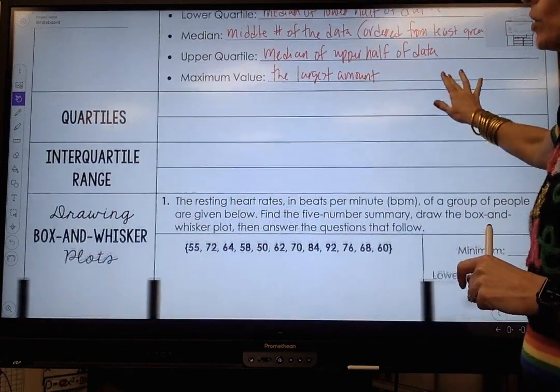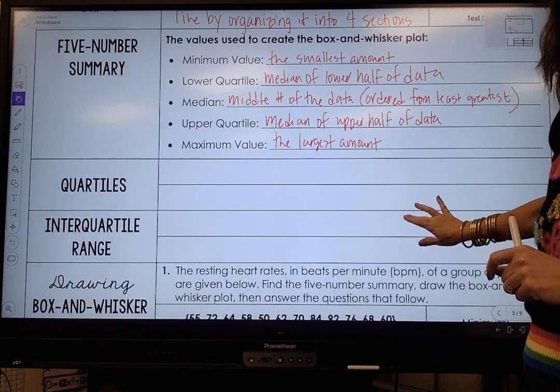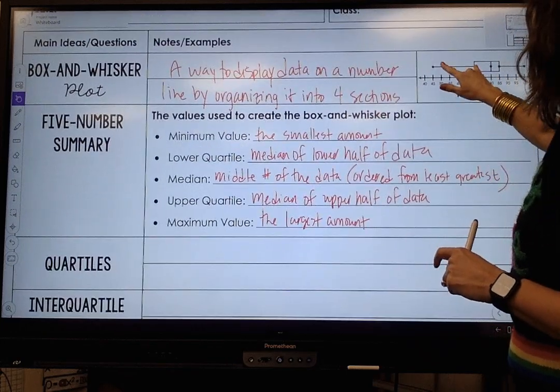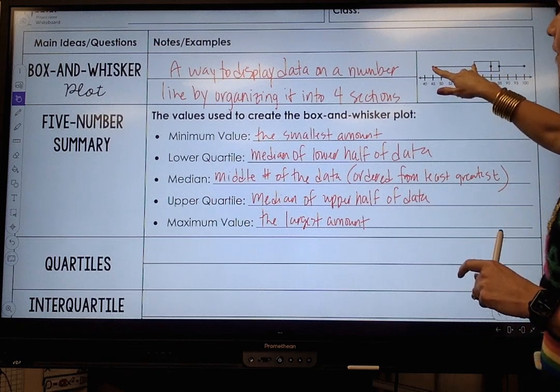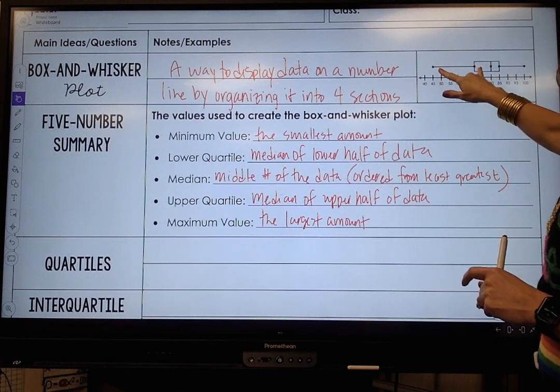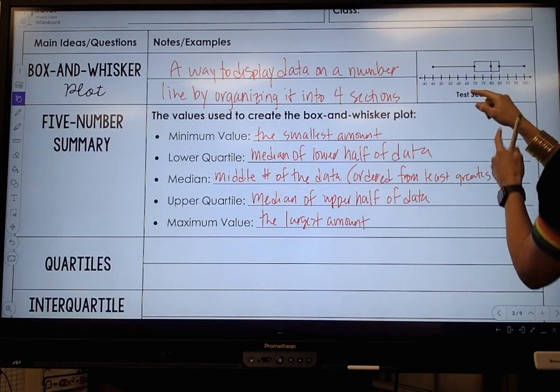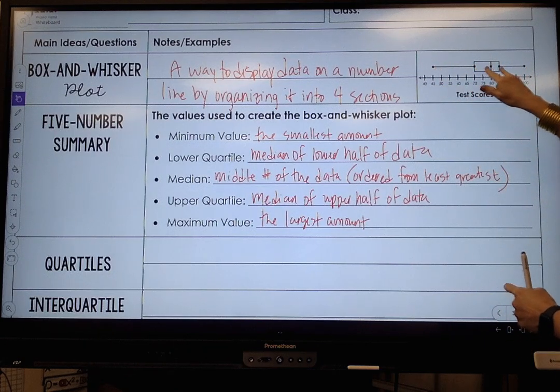And then we're going to look at the quartiles. You'll notice there are 4 sections in my graph. You have the minimum value and the maximum value. This is 1/2 of the data, and this is the other half of the data, and we're divided up into 4 parts.